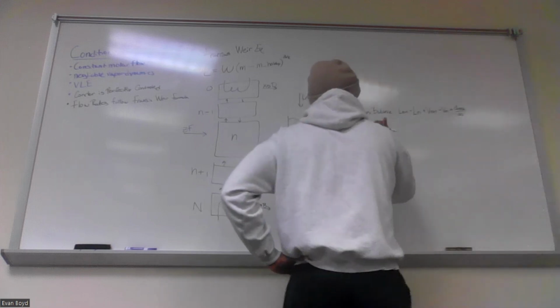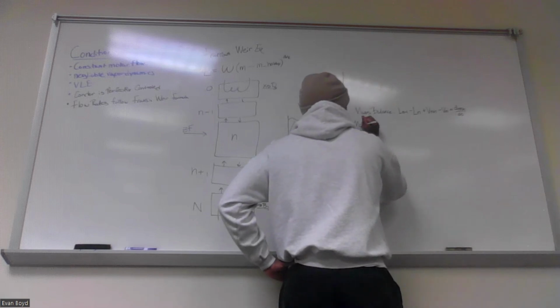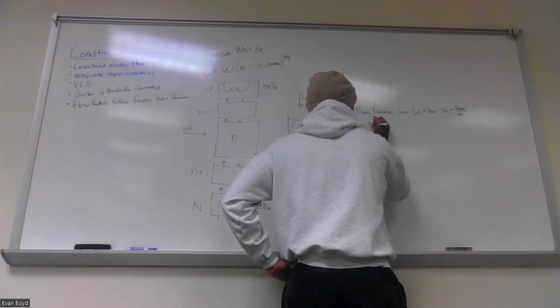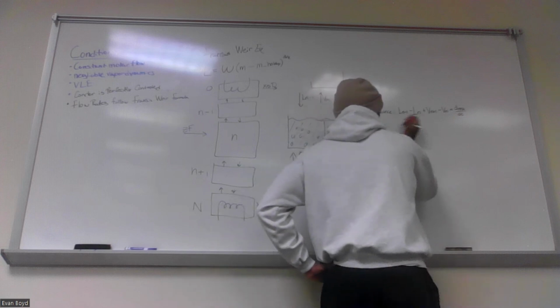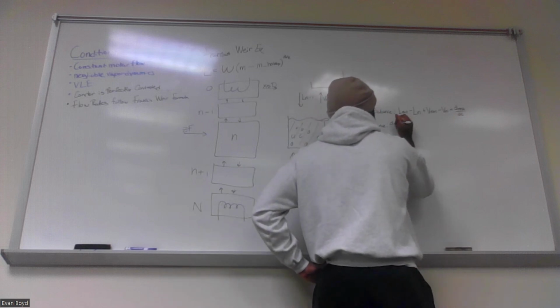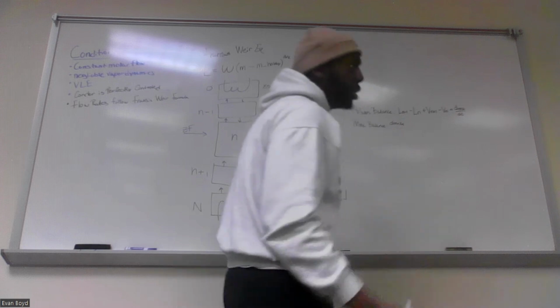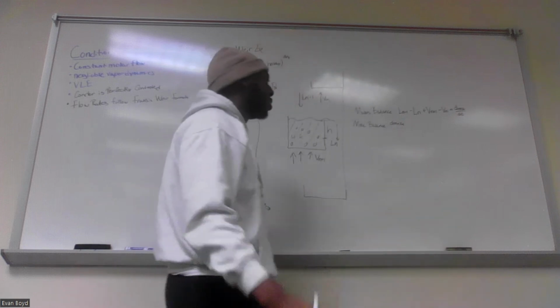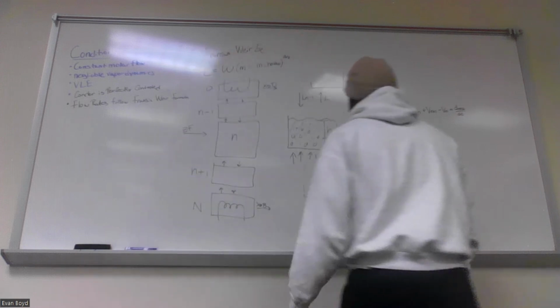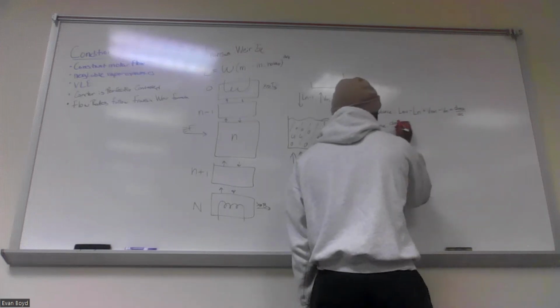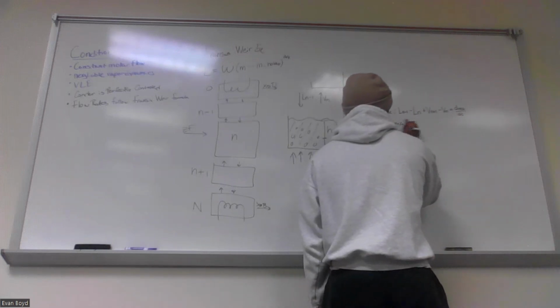Then we have our mole balance, which would be the change in the moles of N times the liquid species x of N, divided by dt.